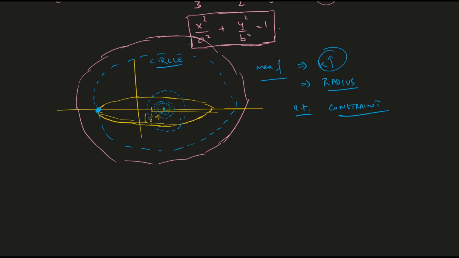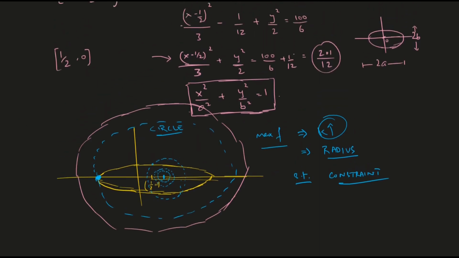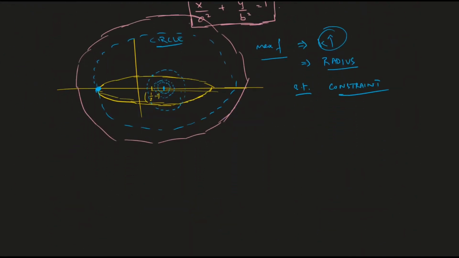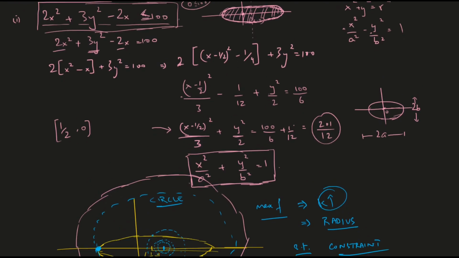So this point would maximize my function. All I need to do is find this maximum value of the function. I need to find the maximum value of f. And so to do that, I just need to know the coordinates of this point. And that's easy again. I would just take my constraint function, this function here, and I know that it is on the boundary, so the equality would hold.